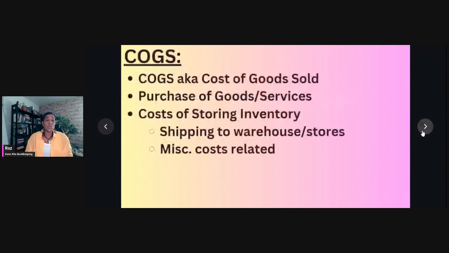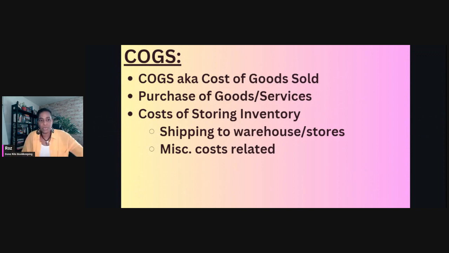All right. So what are COGS? COGS, also known as cost of goods sold. So wherever you see that, you know what it is now. It's the purchase of goods and services. So depending on what type of business you have, let's say you have a t-shirt business, maybe you have a cell phone business, whatever business you have that deals with inventory, you're going to be looking at COGS, the cost of goods sold, because you may be buying that wholesale, right?